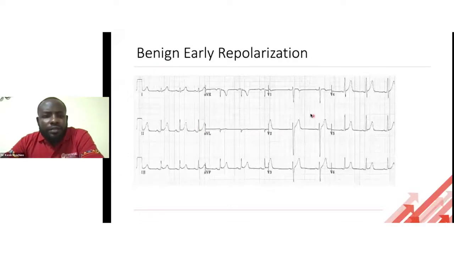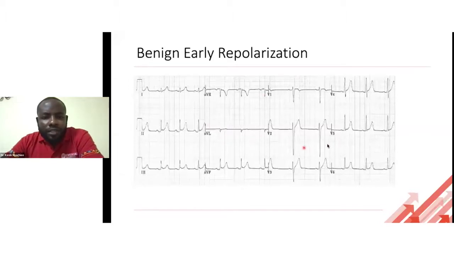Again, on and off, it's tolerable. Of course, if you do troponins, if you have the luxury of doing a troponin, and it comes back normal, you should be able to cement your decision, but there's nothing really wrong here. This is a benign early repolarization pattern.